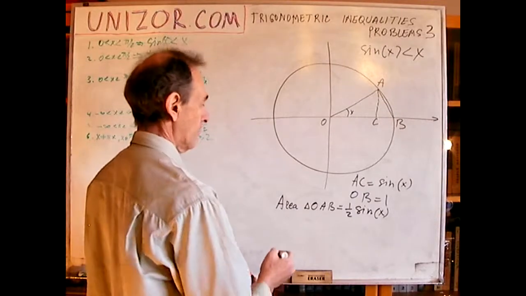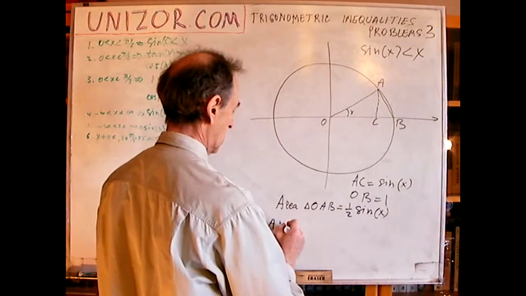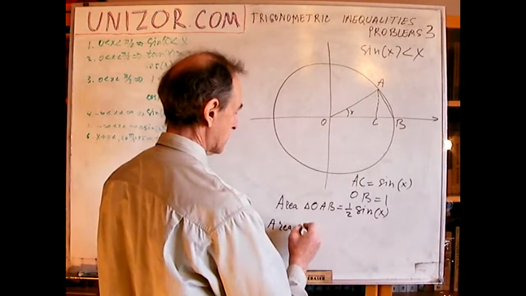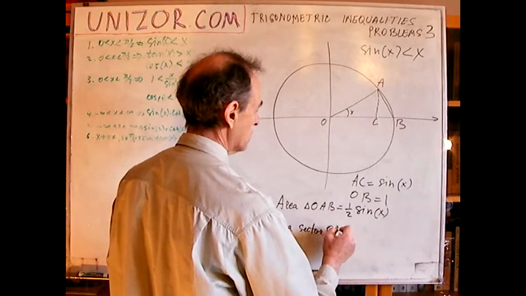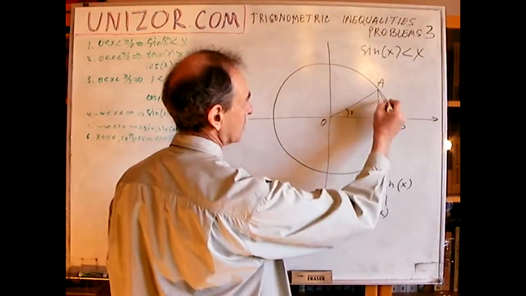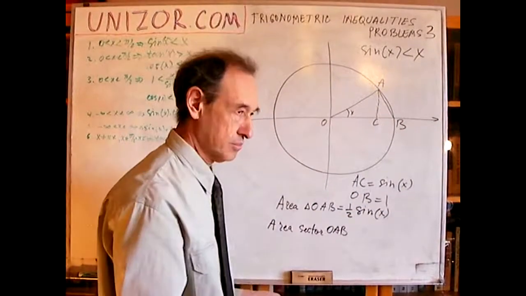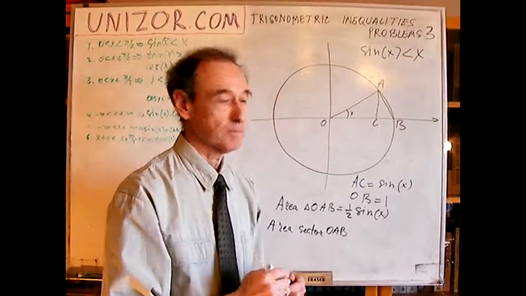Now, how about the area of a sector OAB? Sector is a piece of the circle, like a pizza pie, basically. So it's a slice of pizza. All right.